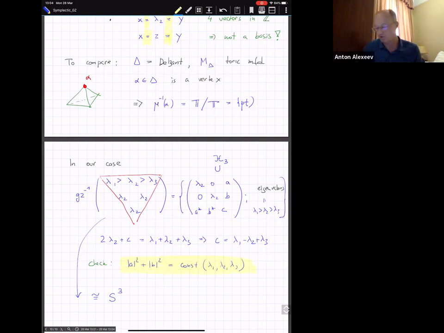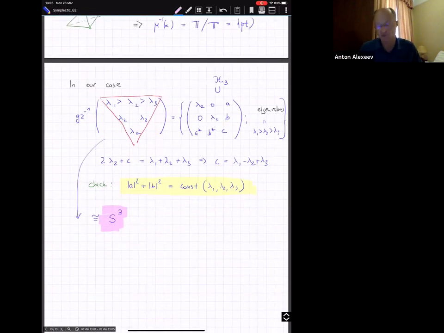If the absolute value of A squared plus the absolute value of B squared is a constant, which depends on lambda 1, lambda 2, lambda 3, this matrix will have exactly that tableau, or it would have eigenvalues lambda 1, lambda 2, lambda 3. So it turns out that the topology of this set of matrices is S3, because we have two complex numbers whose absolute values squared add up to a constant, so it's S3.